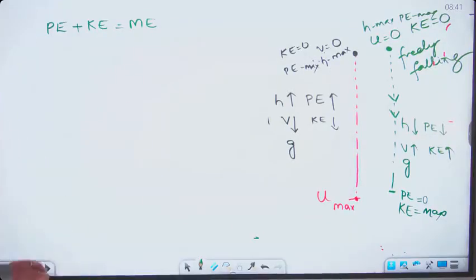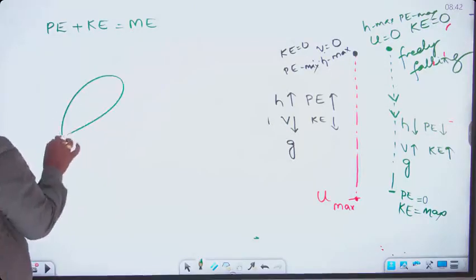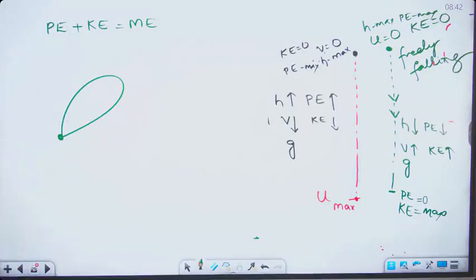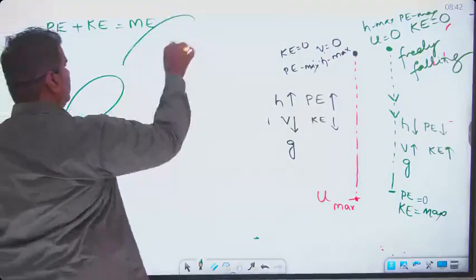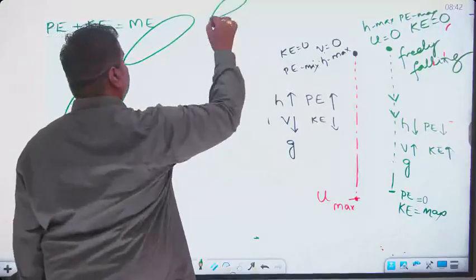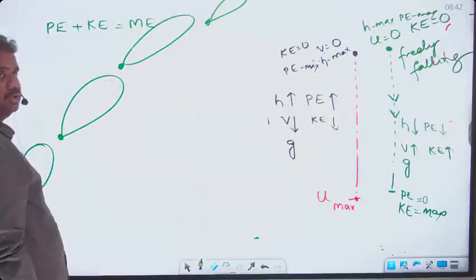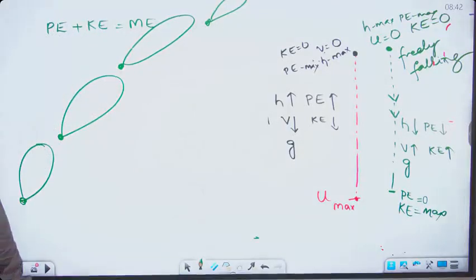Now, one of the previous questions. Consider the case of a balloon. Assume that you have a balloon on the ground, and the moment you leave the balloon, it constantly rises upwards. The question is, a balloon which is rising upwards has which type of energy?